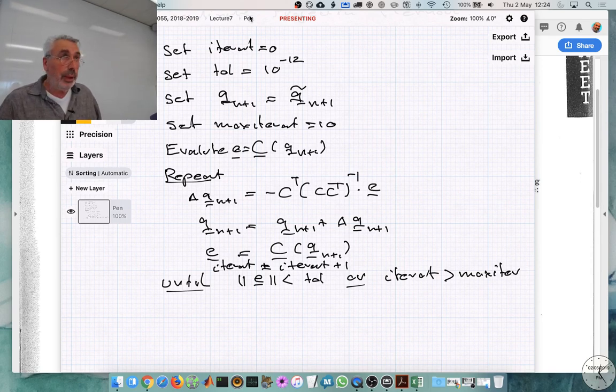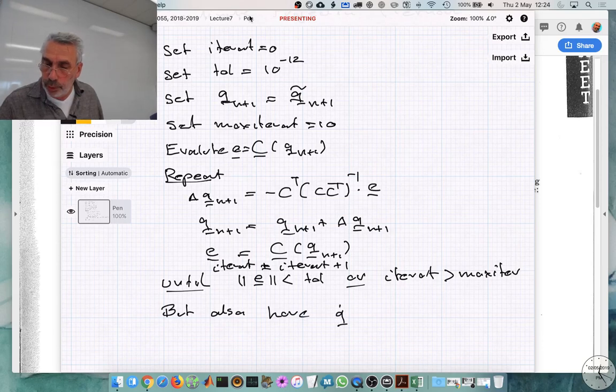However, we also have speeds, right? We not only have coordinates, but we also have speeds. We also have approximations for Q dot n plus 1 with a tilde. How do we do that? Well, of course, in the same manner.